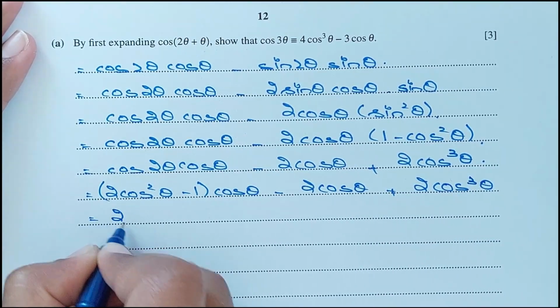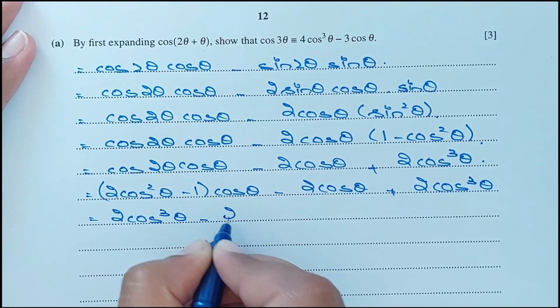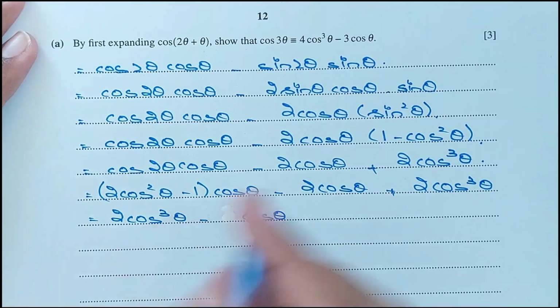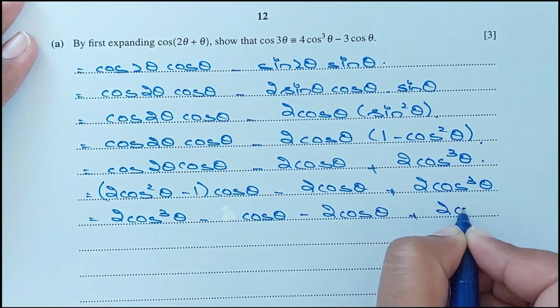So this is 2 cos cube theta minus, not 2, just cos theta, and then minus 2 cos theta plus 2 cos cube theta.